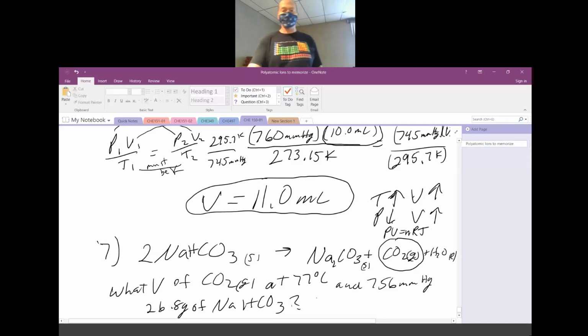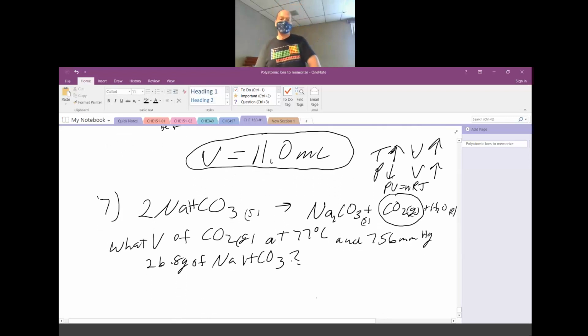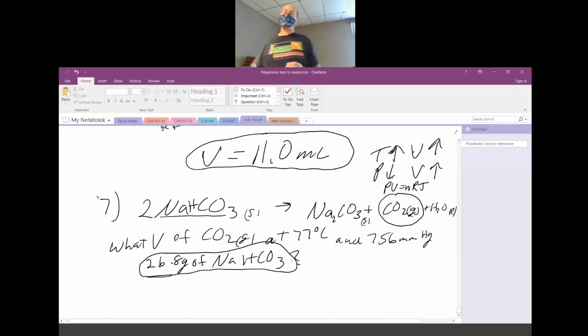All right, so what you have to do here is you have to get your mass and convert that into moles. And so we're going to have moles of sodium bicarbonate. We want moles because we can use the mole ratio. We cannot use a volume ratio because they're not all gases.